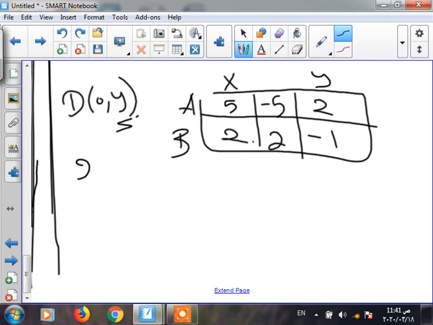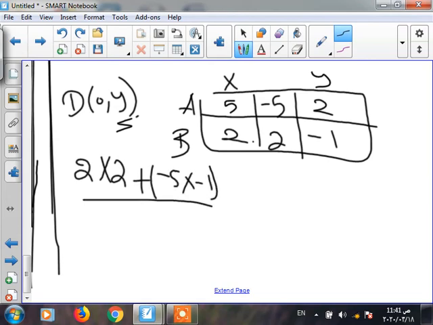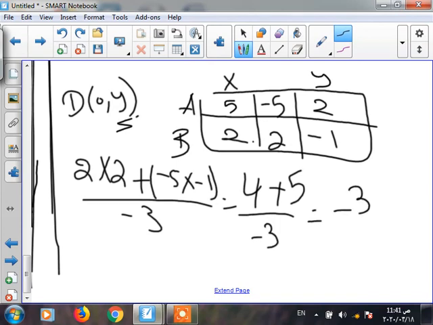It's 2 times 2 plus negative 5 times negative 1 over negative 3. Here it will be 4 plus 5 over negative 3. It's going to be 9 over negative 3. This will be negative 3. And then the point D is going to be 0 and negative 3.